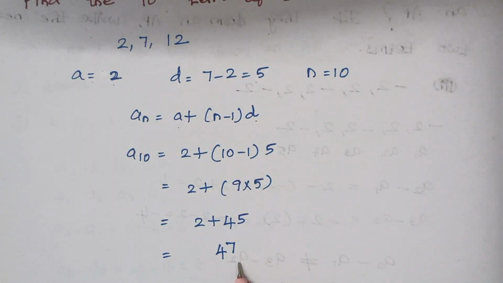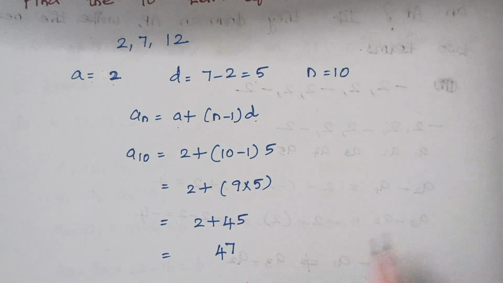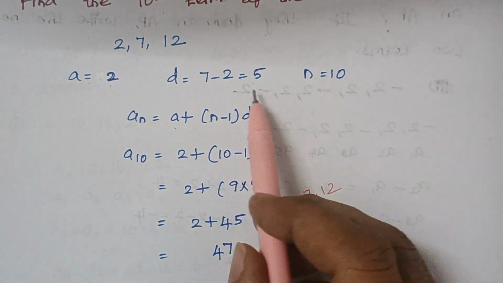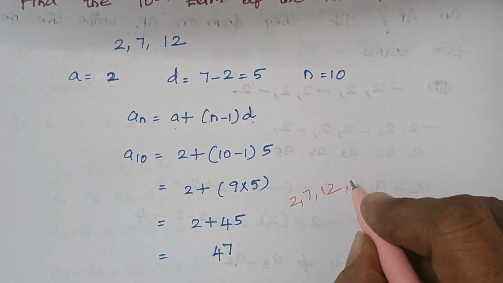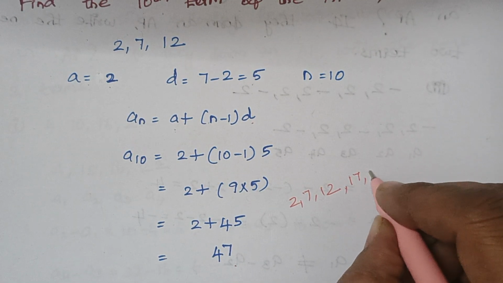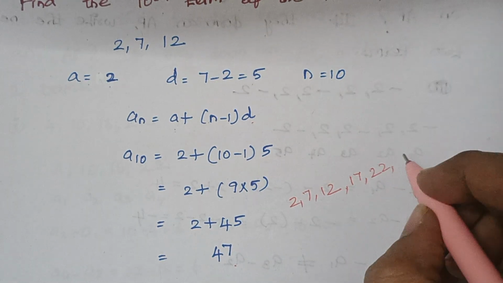Right. Even if you want to check, you can check. You see, here it is 2, 7, 12. The difference is 5, right? So what is 12 plus 5? It is 17. What is 17 plus 5? It is 22. What is 22 plus 5?